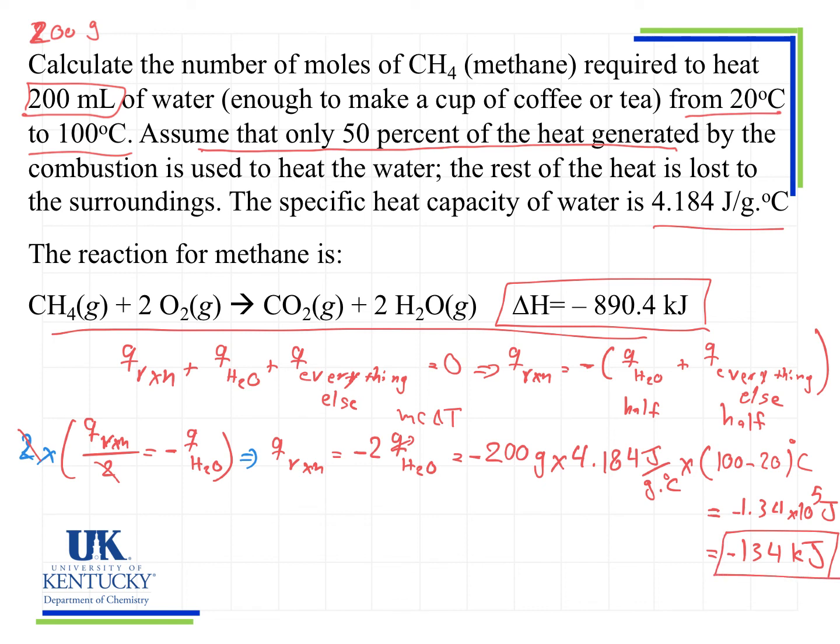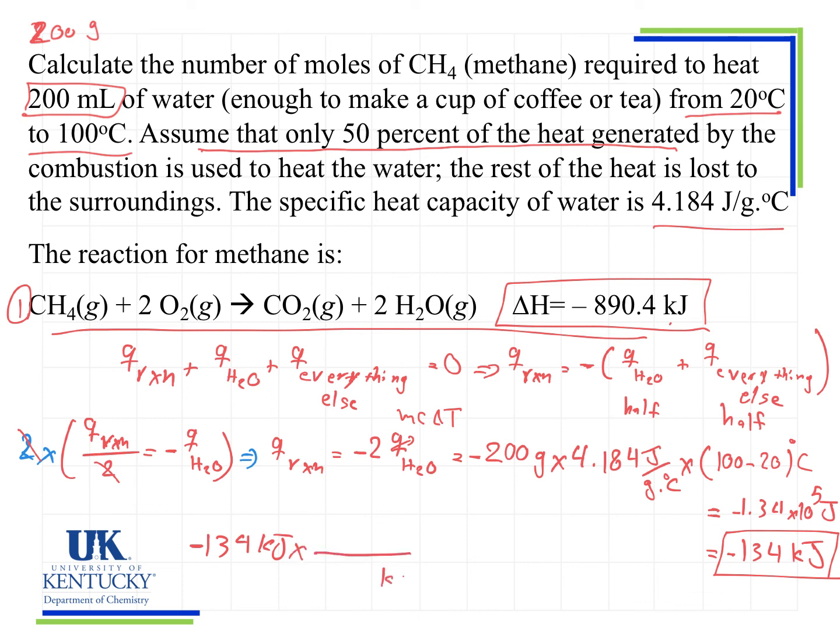But the question is not asking for the energy, it's asking how many moles. So I need this amount of energy, 134 kilojoule. I want the moles, so remember about the thermochemical equation. We can relate the energy to the mole, right? This is a balanced thermochemical equation, and this is 1. So for 1 mole, we have this amount of energy. I can use that as a conversion factor.